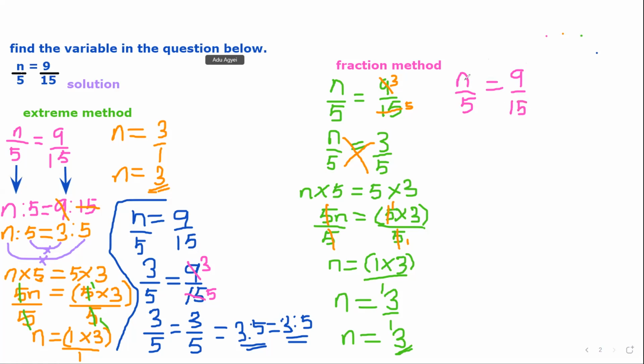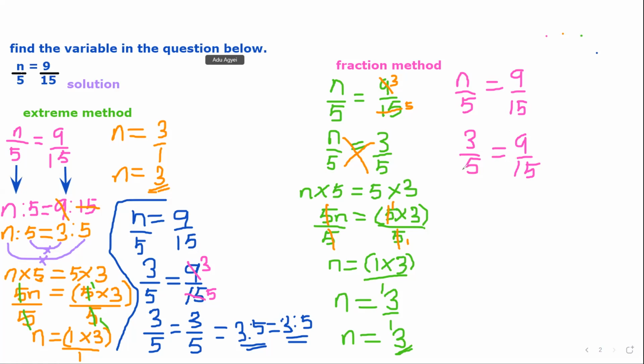Now we have found the n, so n is 3 here, so 3 over 5 is equal to 9 over 15. You can do this one aside from your workings, okay? It's not part of the workings, so you do this to double check yourself. What you have done is absolutely correct, okay?